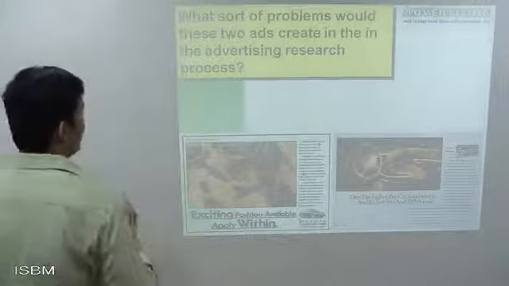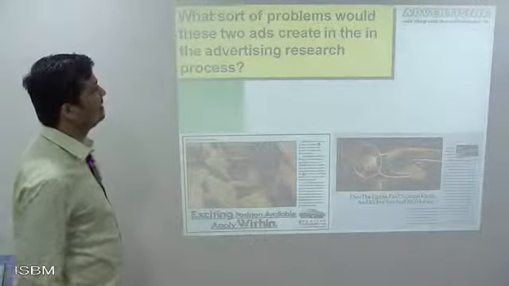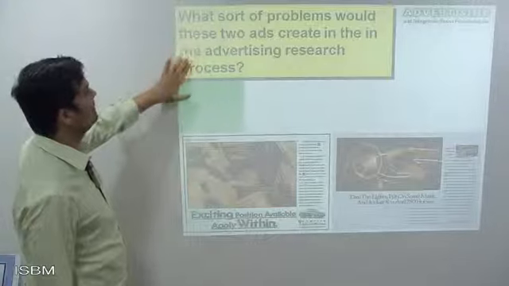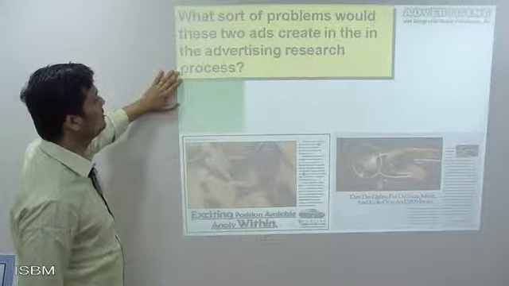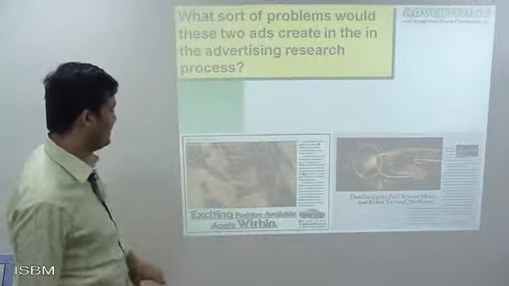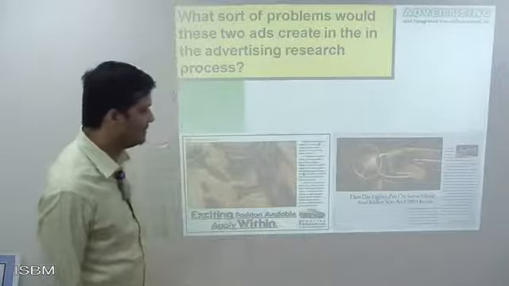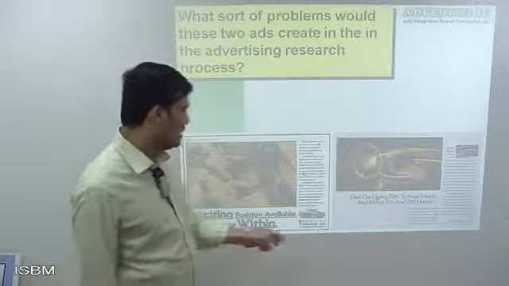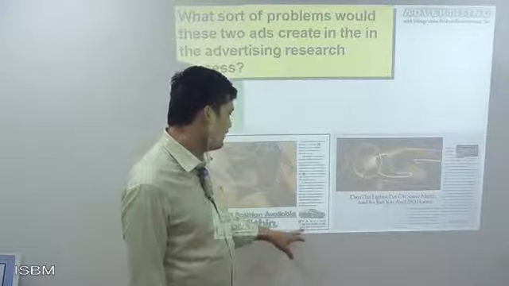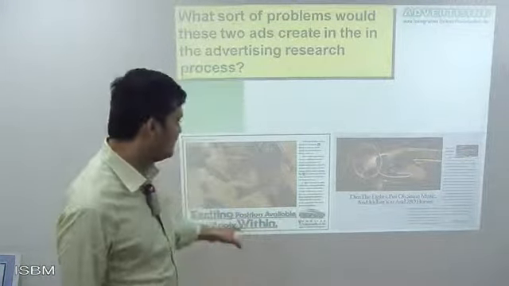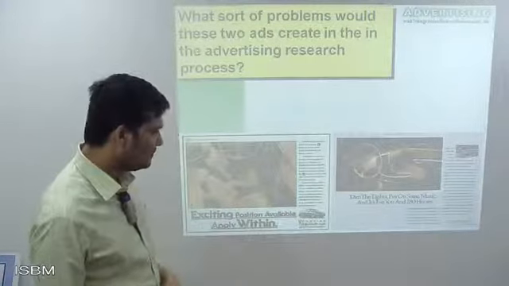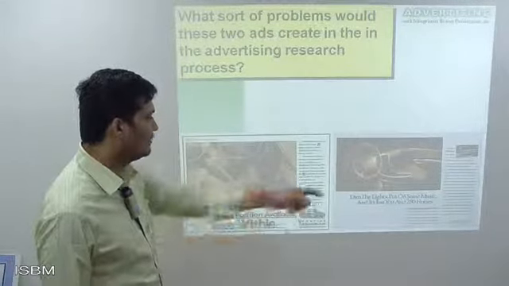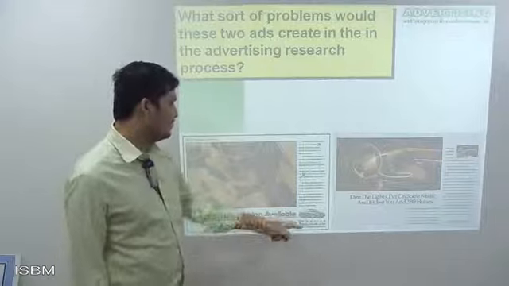So what sort of problem would these two ads create in the advertisement research process? You can see this is the advertisement research process. They have done some research on some car which is called Pontiac Grand Am. So these two cars over there, this is Lincoln and this is Pontiac Grand Am.